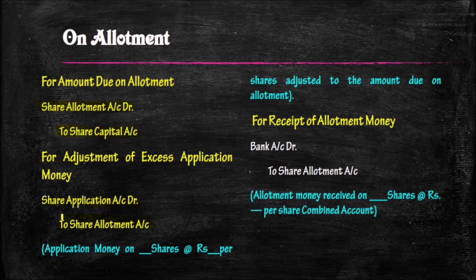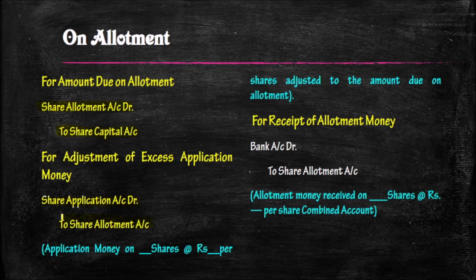So 2,000 into application money rupees 2, that is 4,000, is adjusted at the time of collection of allotment. The entry will be share application to share allotment.